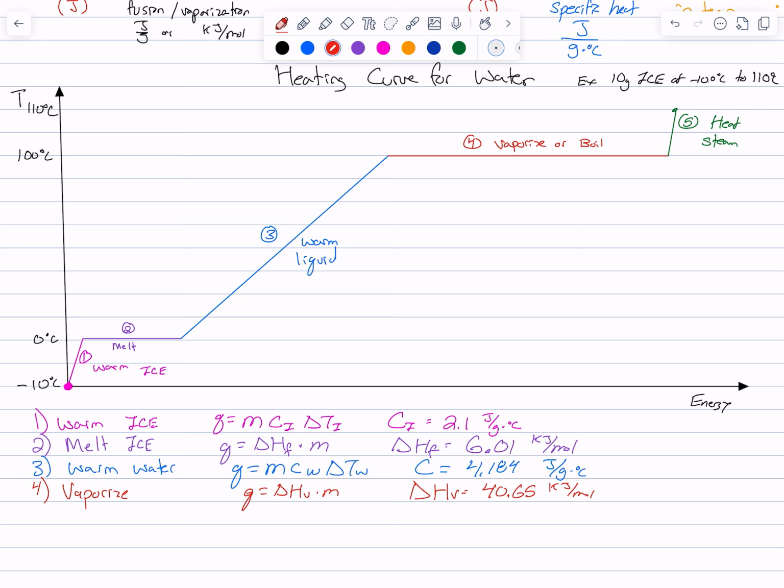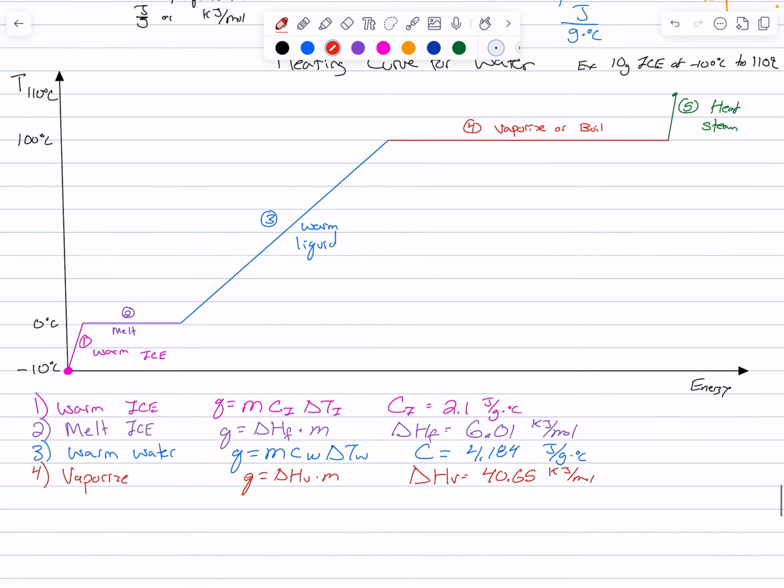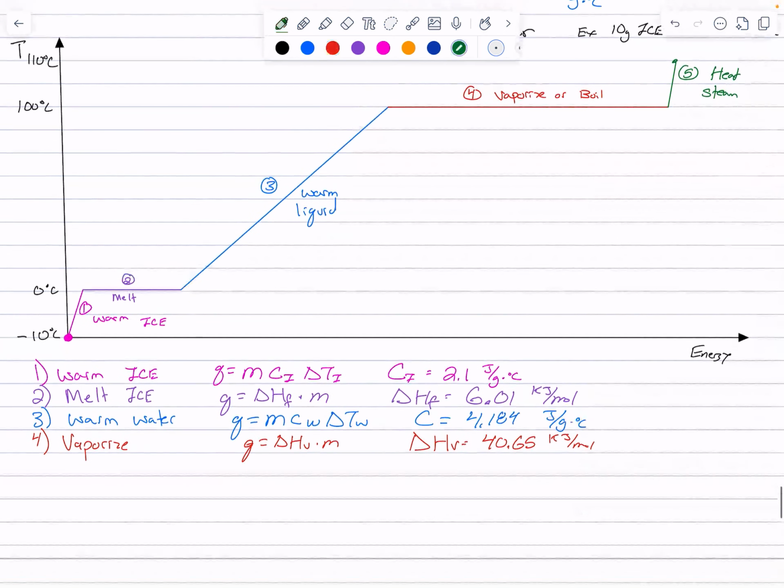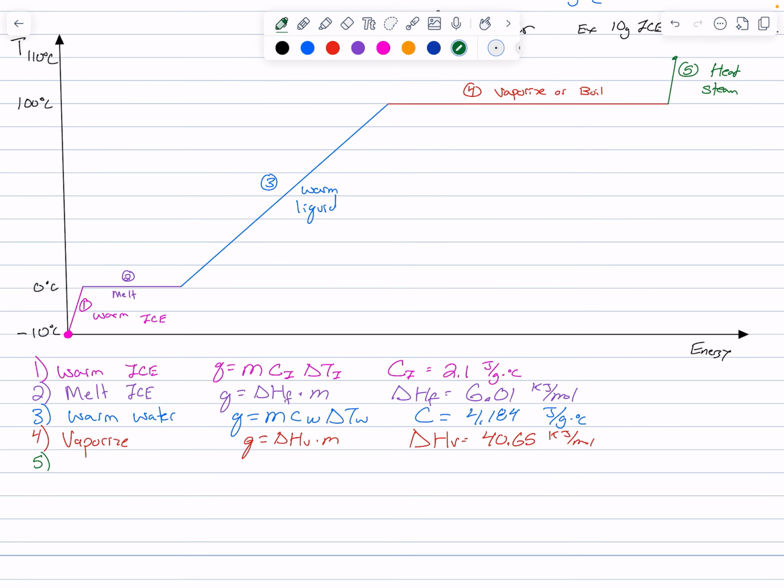All right. And then finally, step 5. Warm the steam. Q equals M, specific heat of steam, delta T of steam. And the specific heat of steam, I have 1.99 written down. And that, of course, is joules per gram degrees Celsius.